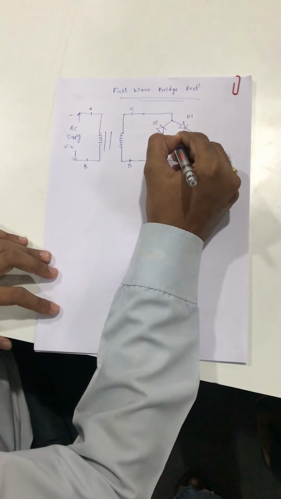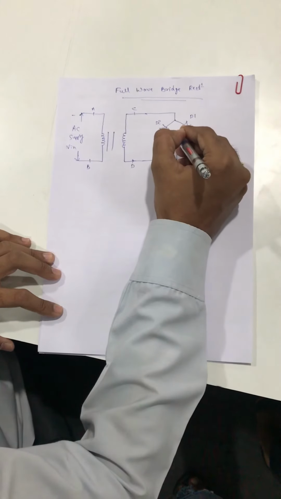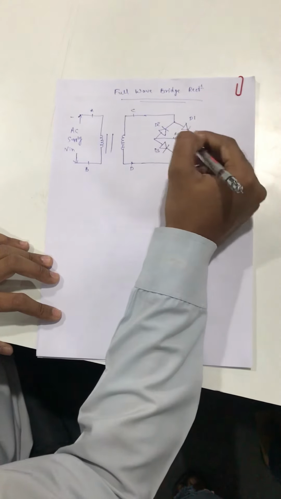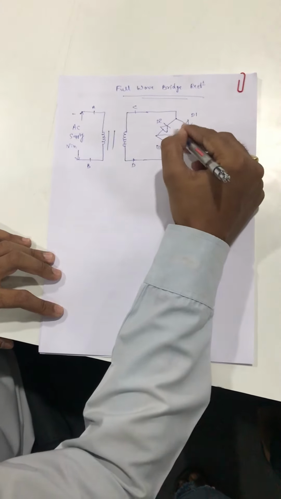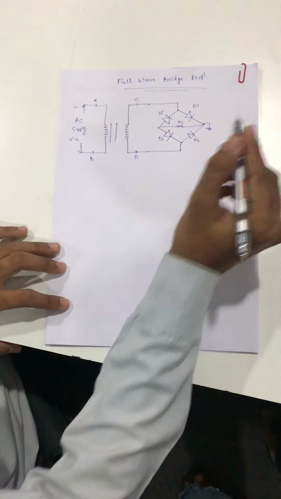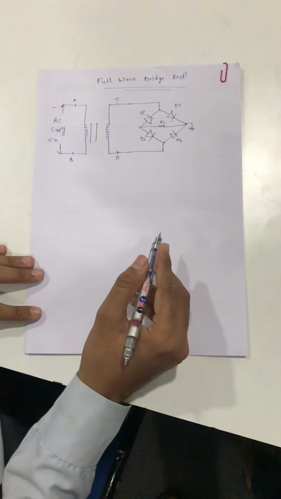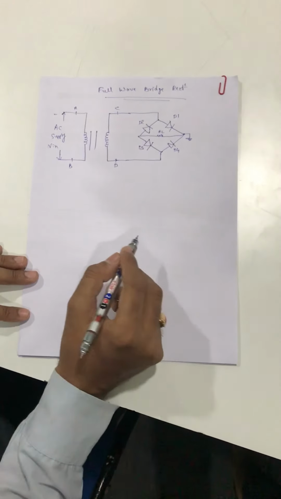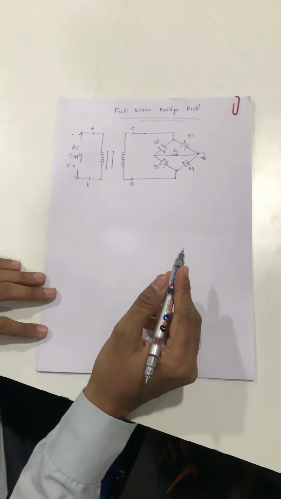Here we have a load resistor RL, across which we are going to get the output voltage, the load voltage, and it is grounded.